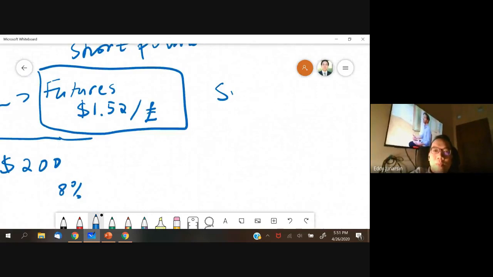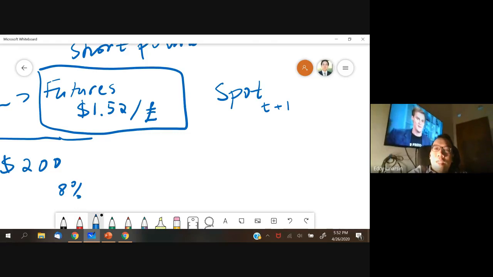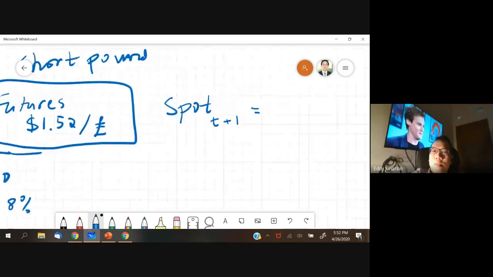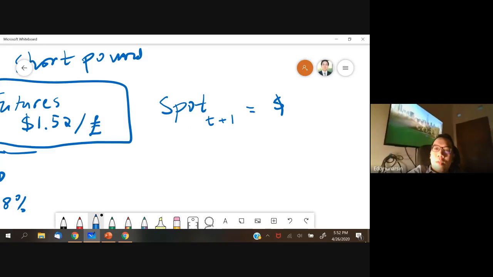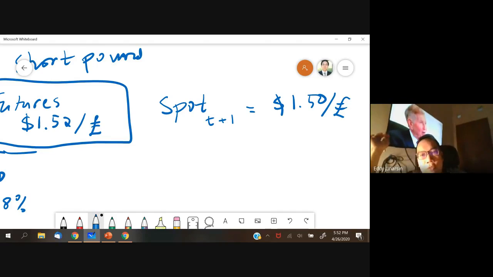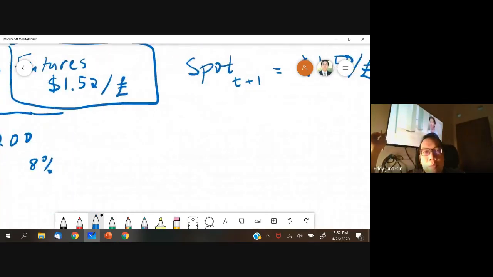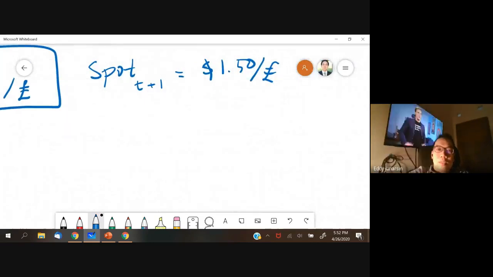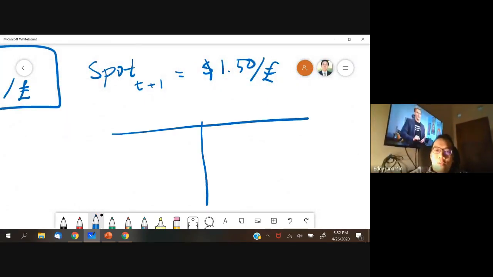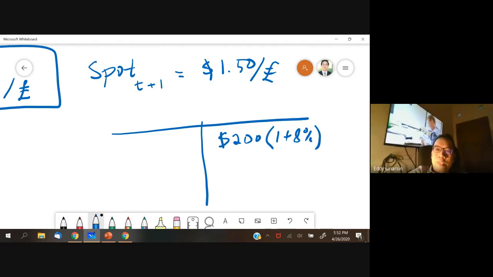The spot rate 1 year later is maybe 150. Right? This is a real spot rate 1 year later at 150. Okay, so what will happen to your big picture here? You have 200 million liabilities, and of course you have to return it plus the interest, right? The cost of debt is 8%, so that is 208. Oh, sorry, 216.